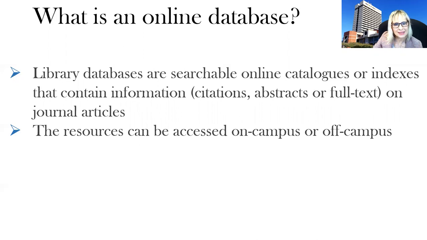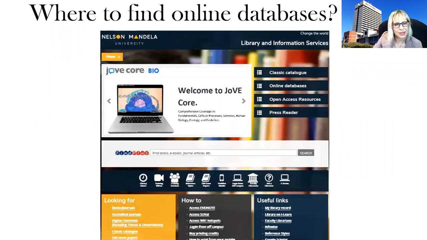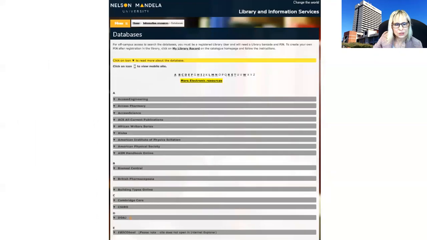Resources can be accessed on campus or off campus. So where do I find the online databases? If you go to the library website, click on online databases. A full list of all the online databases is displayed.